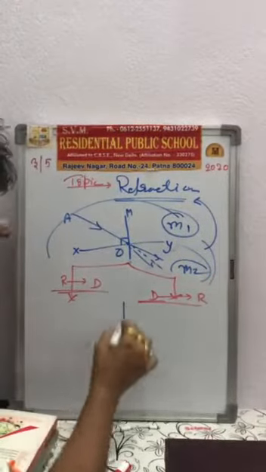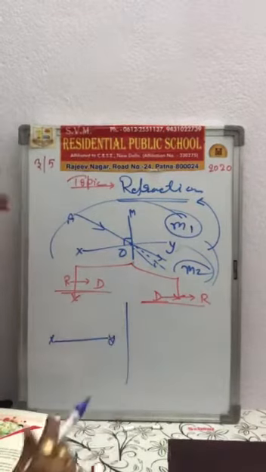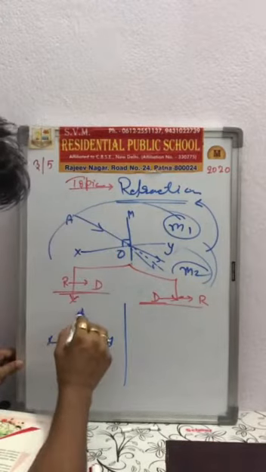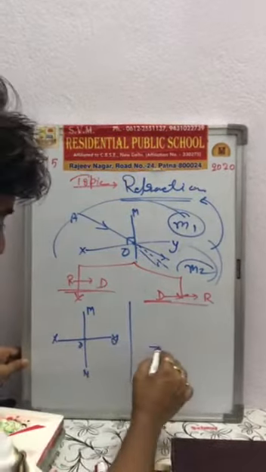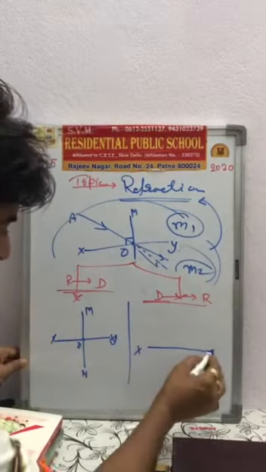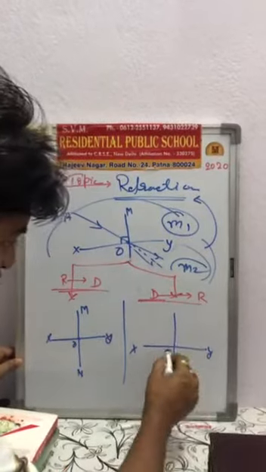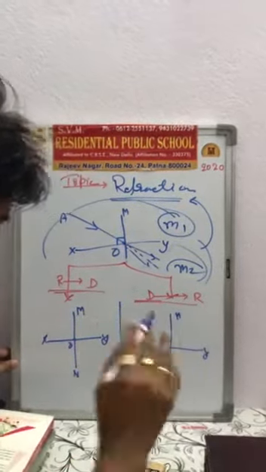Now, XY is the separating part, O is the incident point, and MN is the normal. Similarly here, XY is the separating part, O is the incident point, and MN is the normal.